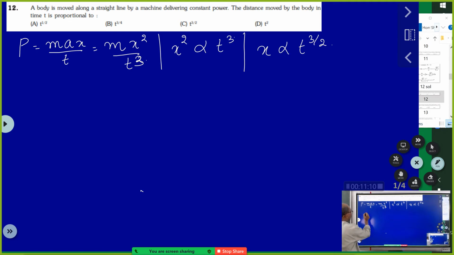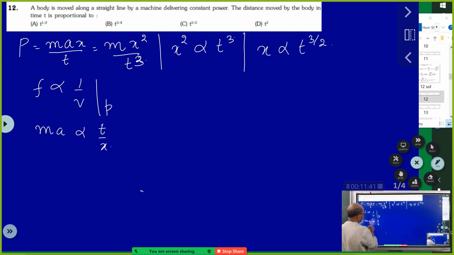I appreciate it. So under constant power, one more relation that comes to me is F is proportional to 1 by V for constant power. So here also you can get it. F is equal to M into A and proportional to V, and V you can write as x by t, so 1 by V is t by x.